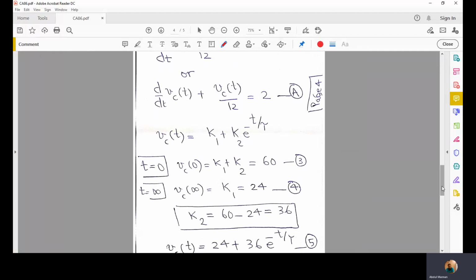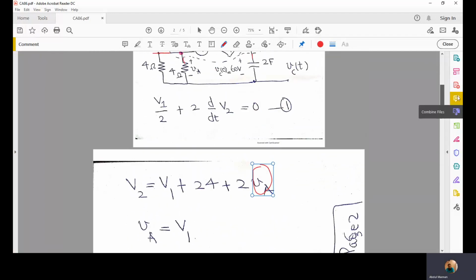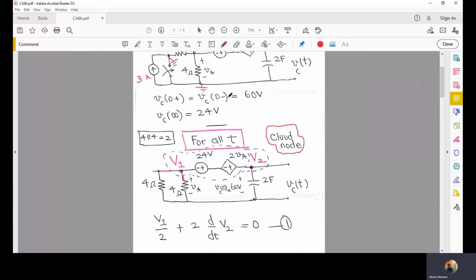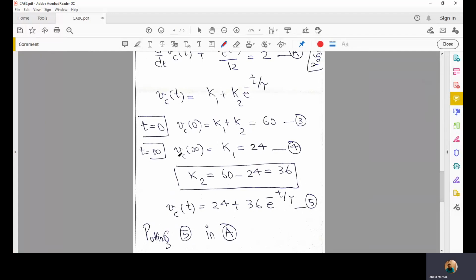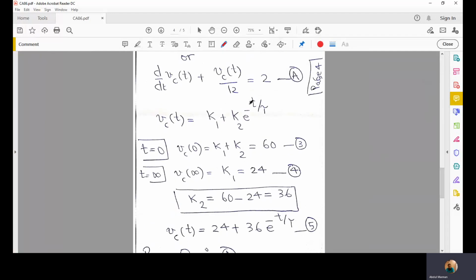Why 60? Because VC of 0 is 60, which we computed in the last lecture. VC of infinity is 24 volts. If we put t equal to infinity, the second term becomes 0, so k1 is 24. This means k2 is 36.